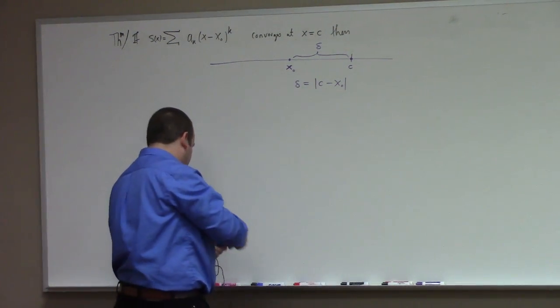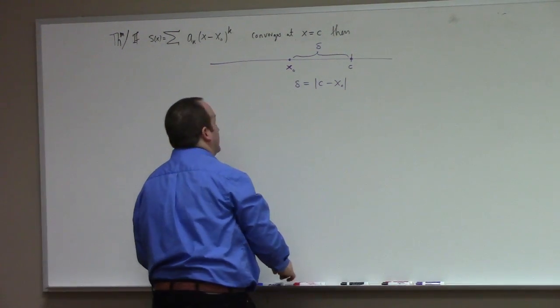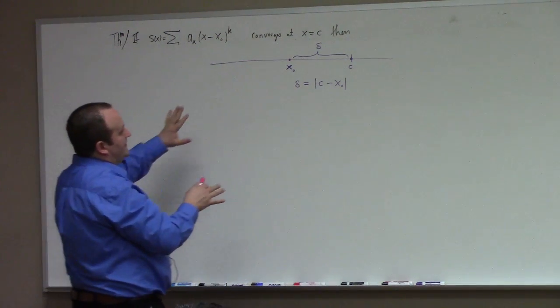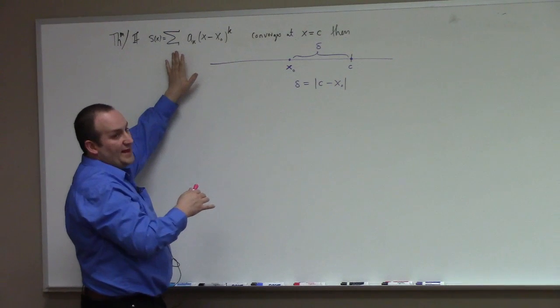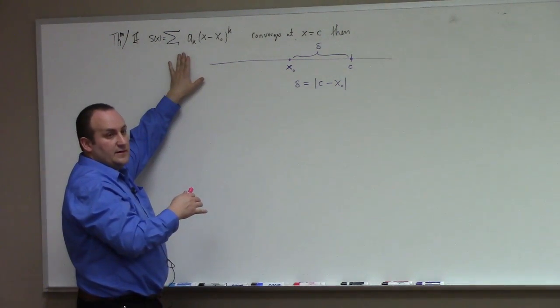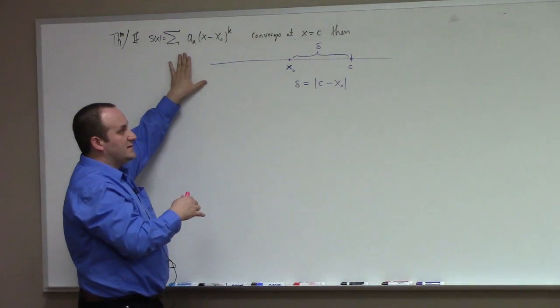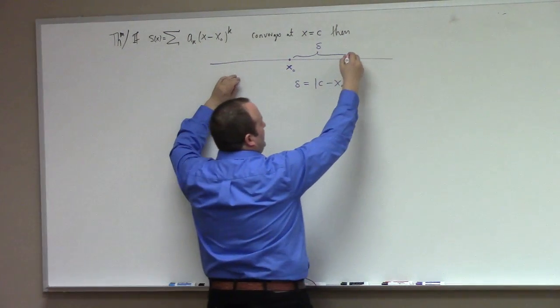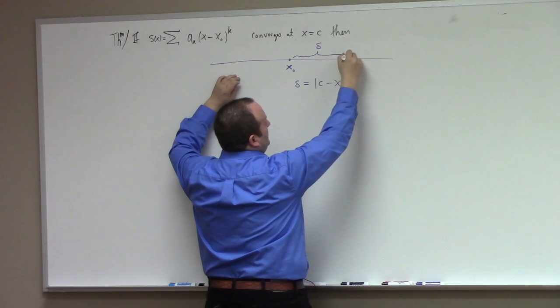Then the theorem I'm trying to describe, but promise I won't prove, states that this power series is absolutely convergent everywhere that's at least as close as c. Basically, on an open interval, plus or minus delta.